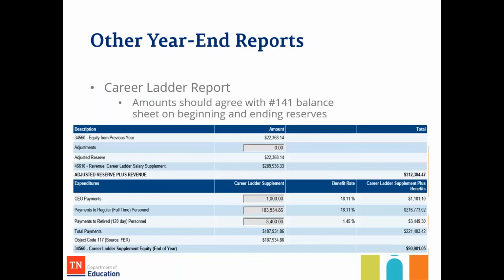Basically, the calculation that you've already done just needs to be reflected in this career ladder report. At the very bottom of this screenshot of the career ladder supplement equity end of year, the very bottom line should match your books. So look at the top line to make sure it matches what your book says, and look at the bottom line, because your new ending reserve should match that as well.